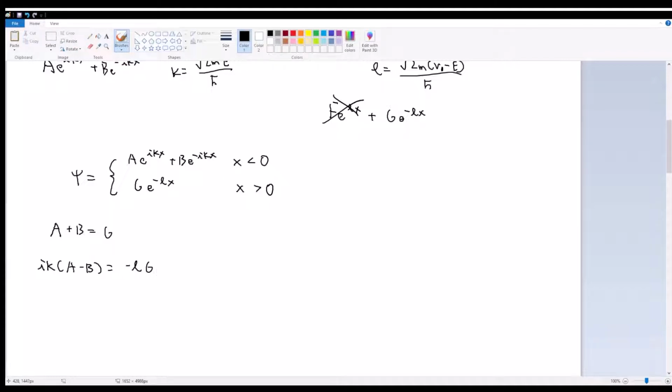Next, we can combine these, and plugging G into here, we get ik times (A minus B) is equal to negative L times (A plus B).